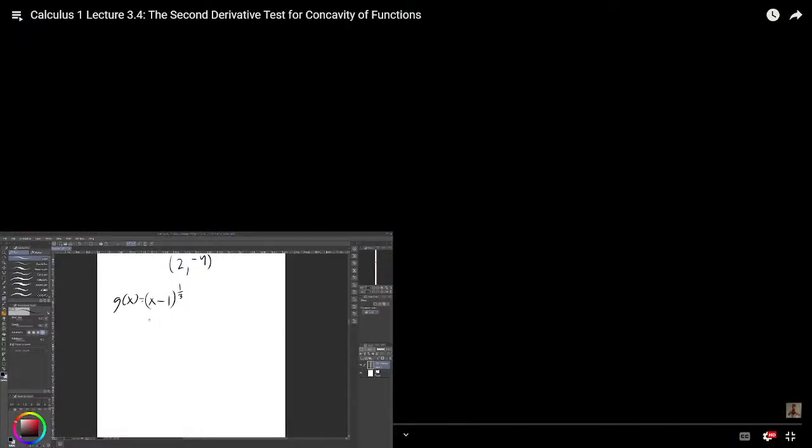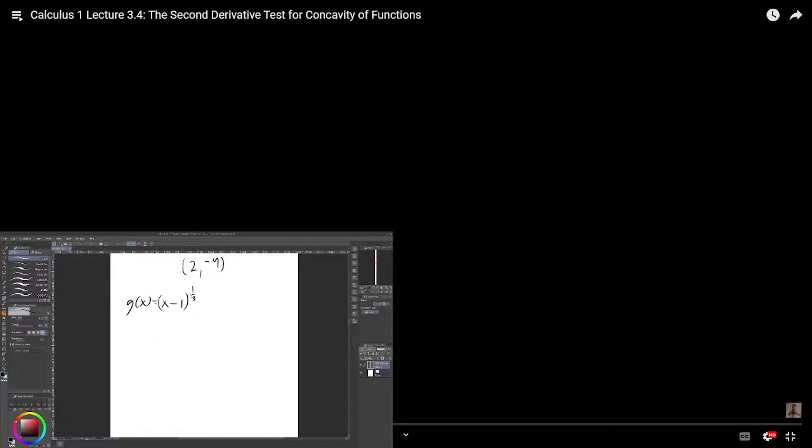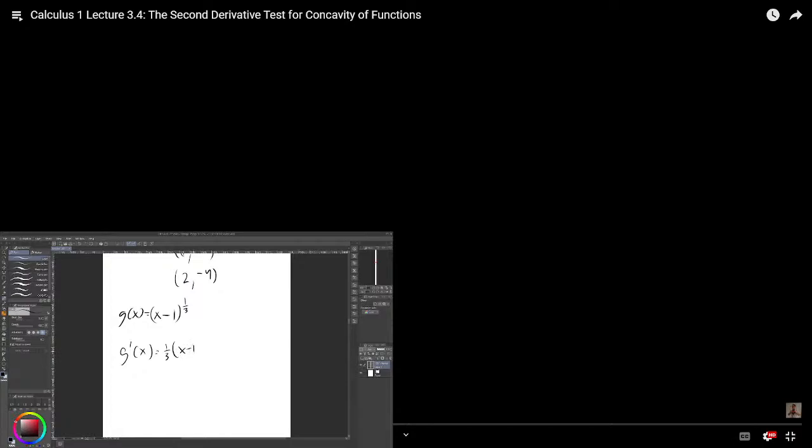General power rule, first of all. The exponent goes out in front. Leave this alone.